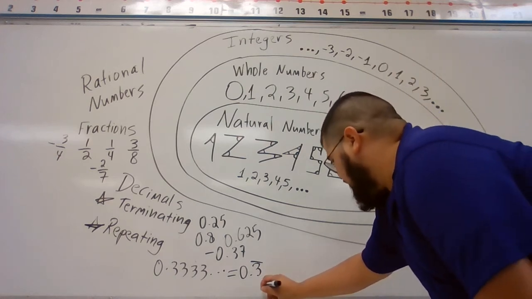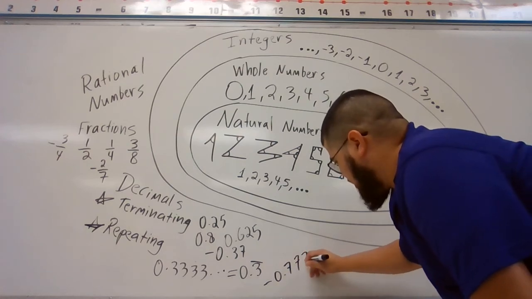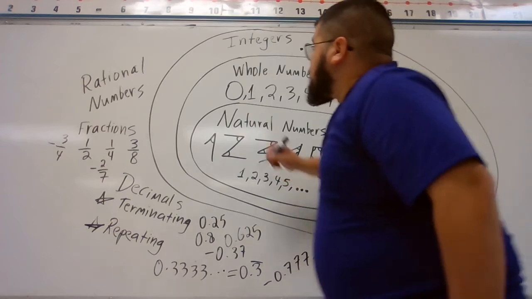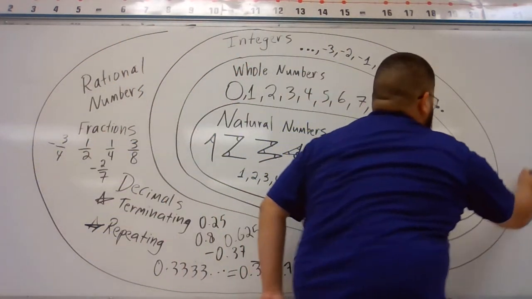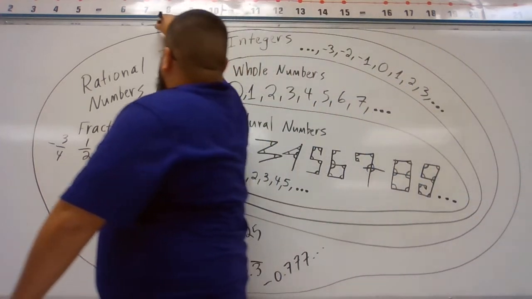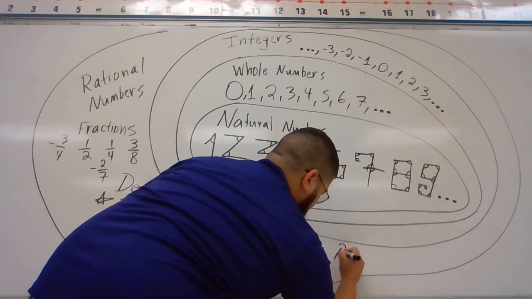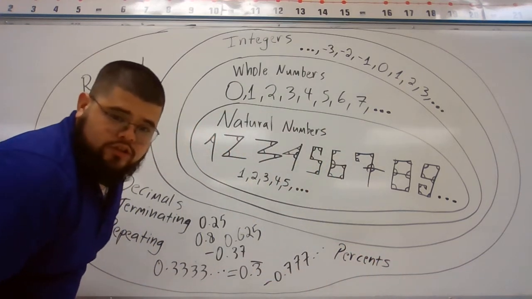And you can have -0.7, -0.77 forever, right? You can have negative repeating decimals as well, and these are the rational numbers. And you can have percents. Percents are also rational numbers.